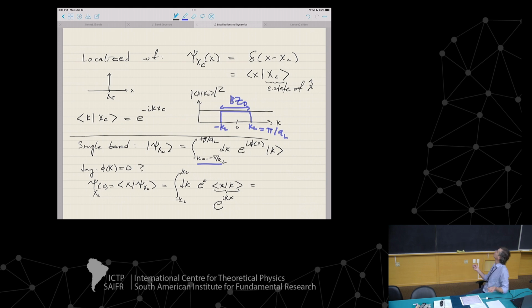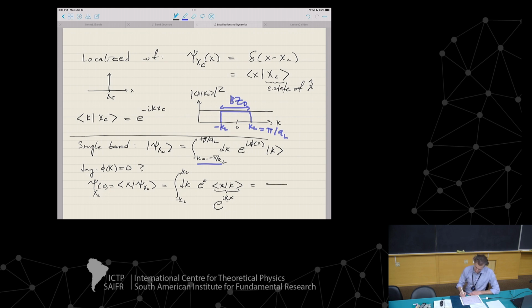What is that? Do you know what that integral is? It's an integrated exponential. It's almost a cosine, except since I'm integrating over k, I have to take a 1 over x out in front.